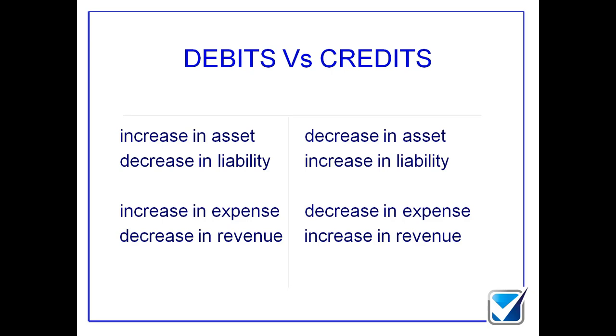If there's a credit figure on my expenses, that means I've decreased expenses. If I have a credit, it may mean I've got an increase in sales or revenue or turnover. A debit balance across that type of account will be a decrease in sales.